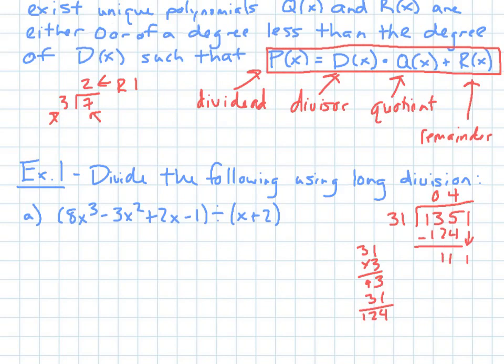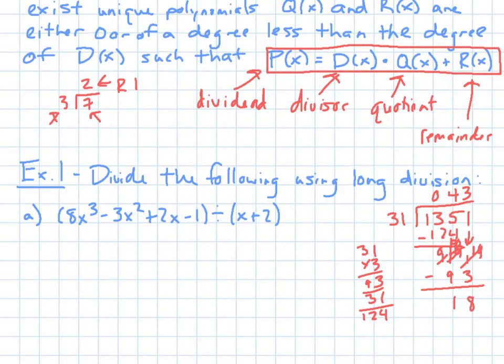and then you would say, okay, it only goes into it 3 times, just from what I showed. So 111 minus 93 would get you 18.